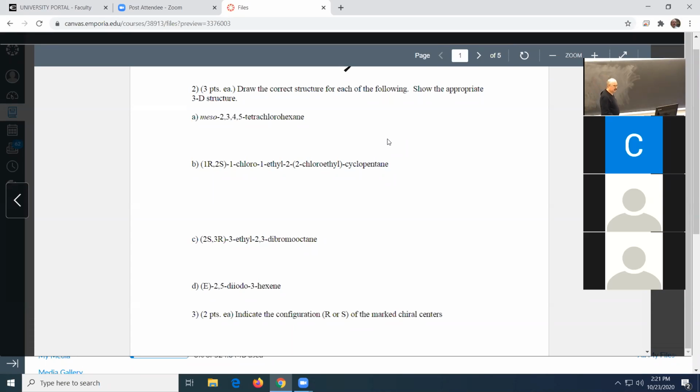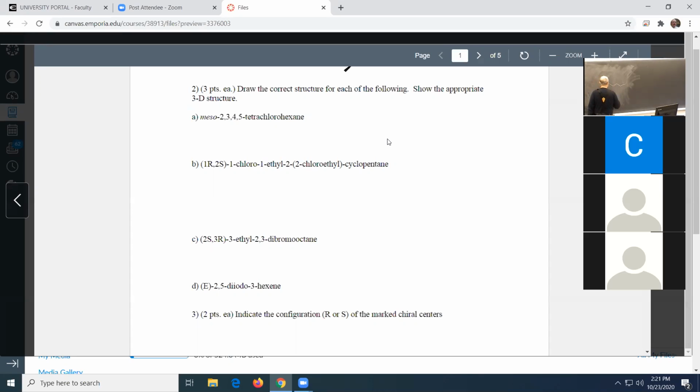All right, for the next one, we have E-2,5-diiodo-3-hexene, or you could also say hex-3-ene. Okay, so here's hexane and hexene.